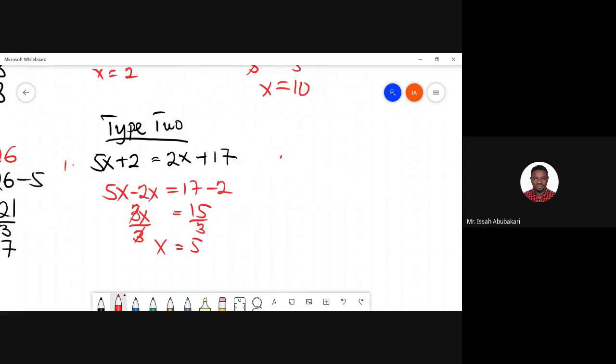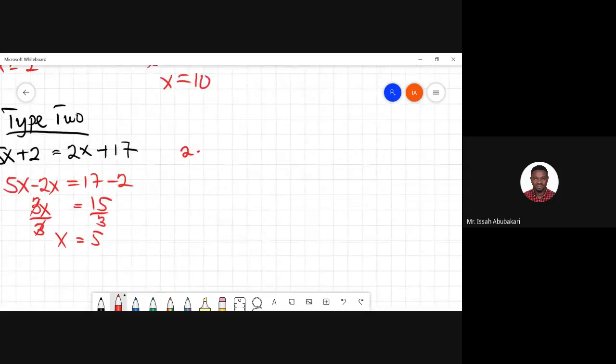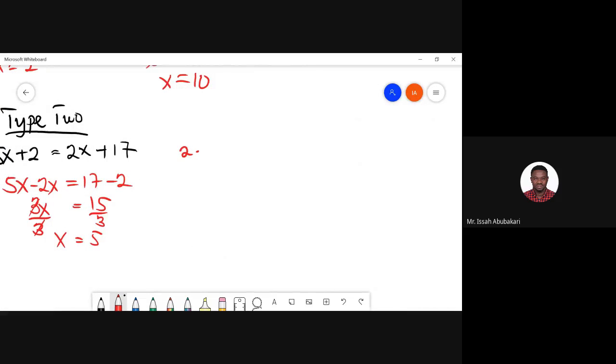And then we move on to type 3. So next question, when we have 5x minus 3 is equal to, let's say, 3x plus 7. Right.